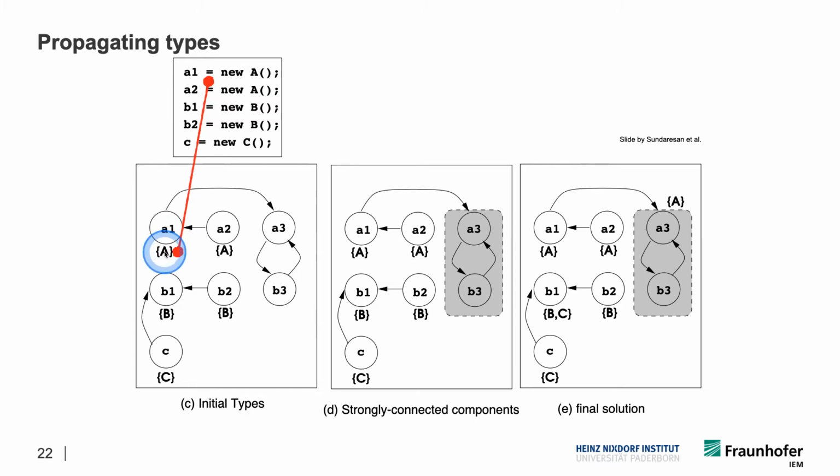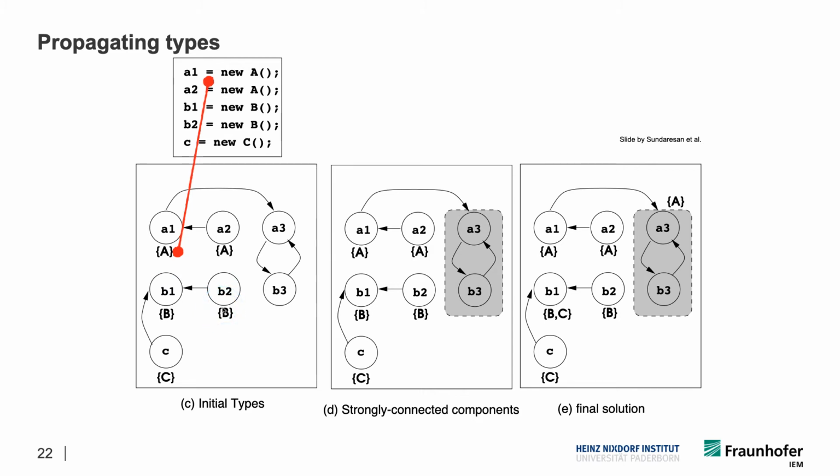Because A is the only type that is ever being directly assigned to A1. And we do the same also for the other variants here.